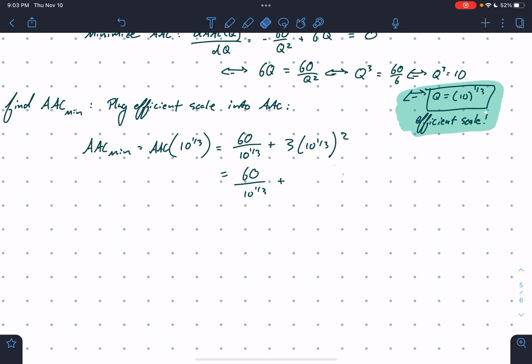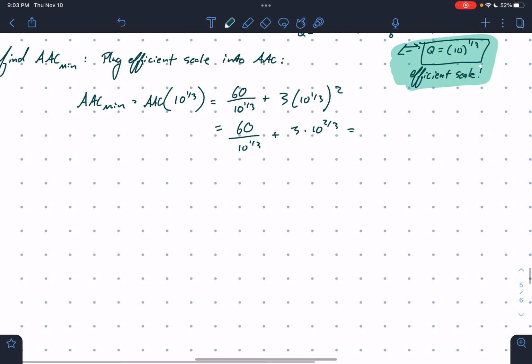Or what we could do is, 3 times 10 to the 2/3 is also able to be written as 3 times 10 over 10 to the 1/3.